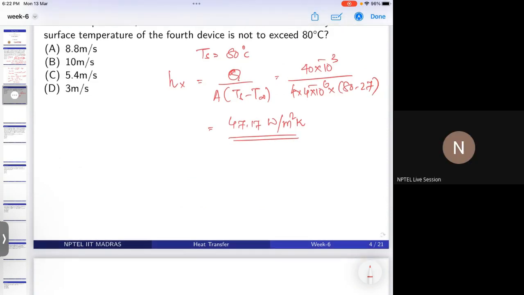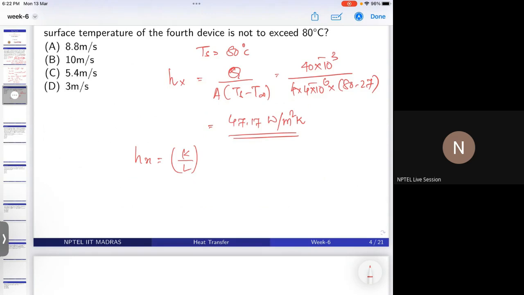So this you should put in the Nusselt number equation, that is Hx is equal to K by L times 0.0296 into Reynolds number raised to 4 by 5, Prandtl number raised to 1 by 3. So this is 47.17.